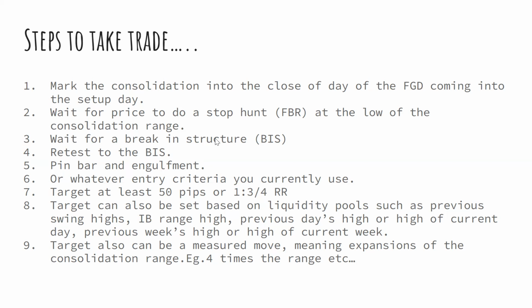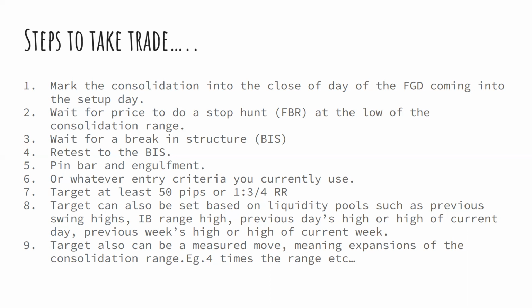And then you're looking for the breaking structure, sometimes called change in character. And you're looking for a retest to that area. For my entry confirmation, I'm going to be looking for a pin bar and an engulfment of that pin bar. For you, it might be different. You might be looking for a certain pattern, or a certain candle pattern as well. It depends on what your entry criteria is.